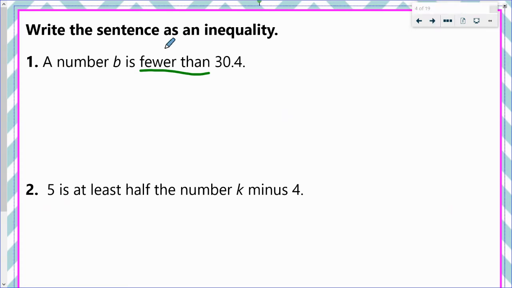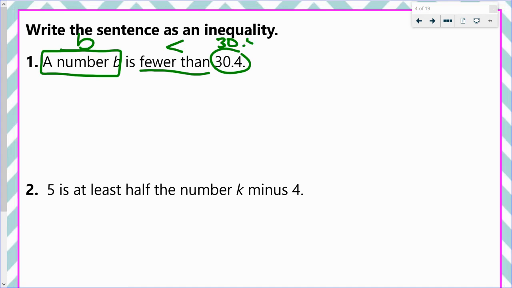So use that as reference. I'm going to box my variable, a number B is fewer than 30.4. So B is less than 30.4.